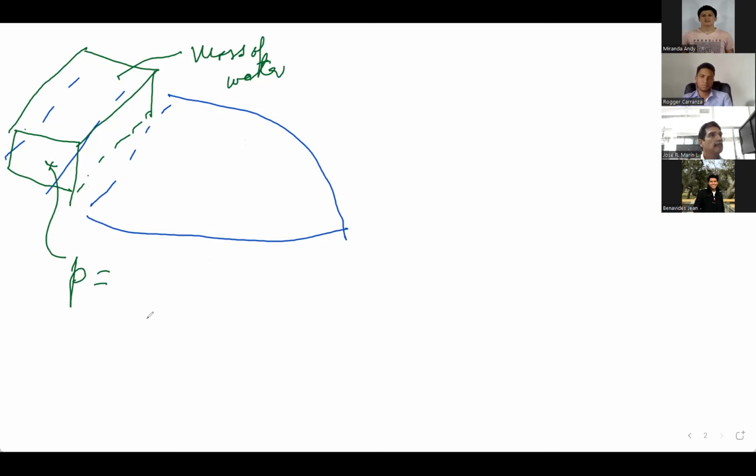The weight of the mass divided by the area, or the weight of that mass divided by the area in the bottom. That's too much. Is there any other way?